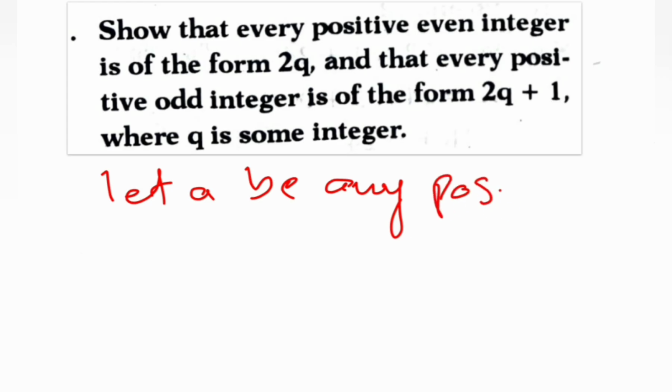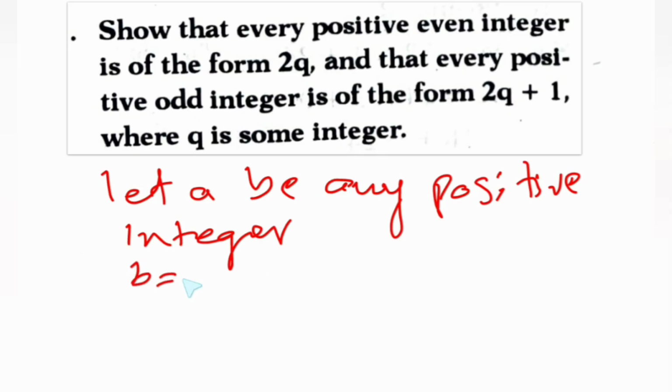Now let a be any positive integer. Then here 2q is given, that means b equal to 2.